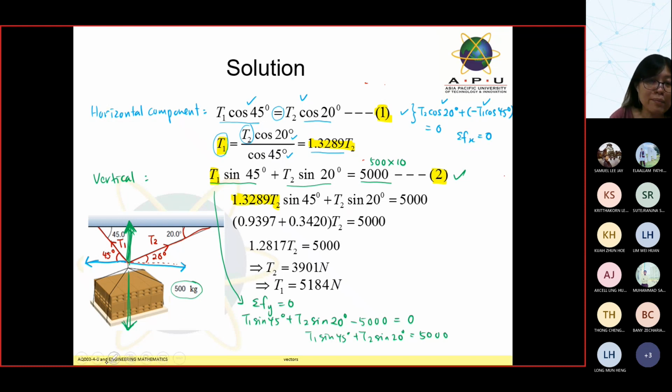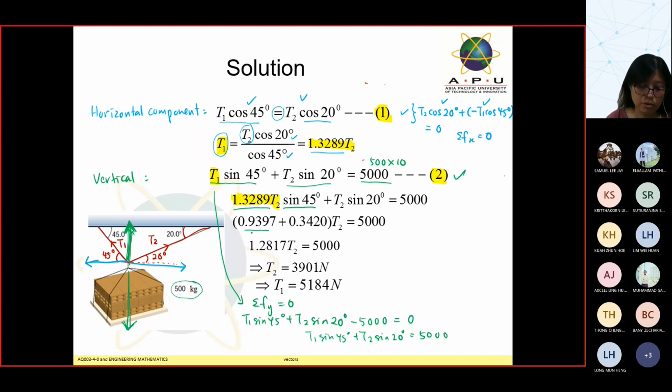Then what I'm going to do with this one, I will take sine 45 times 1.3289. When 1.3289 is multiplied with sine 45, I get 0.9397.